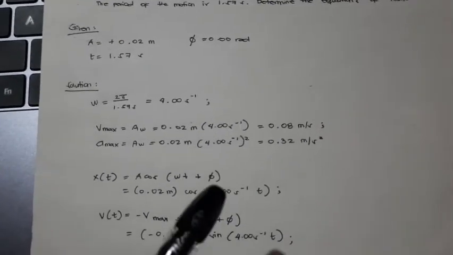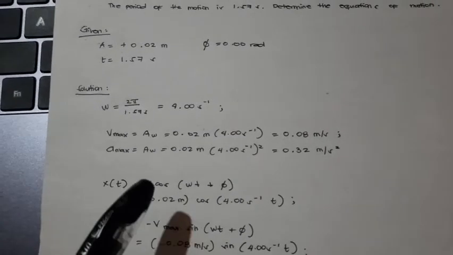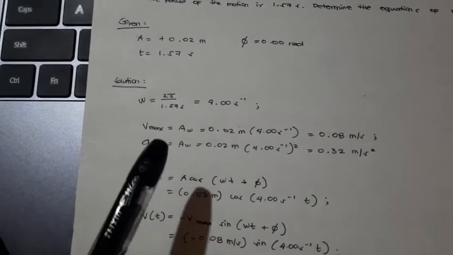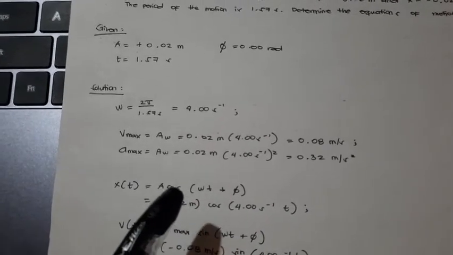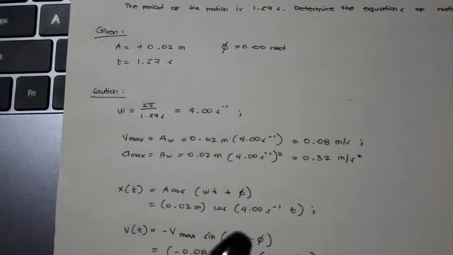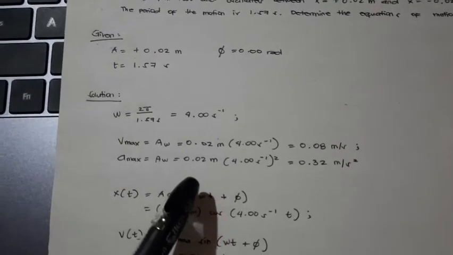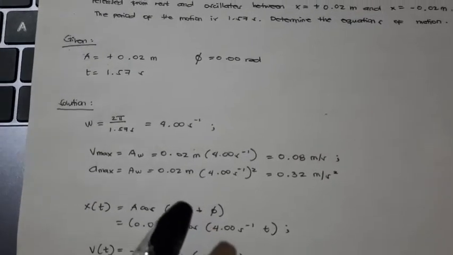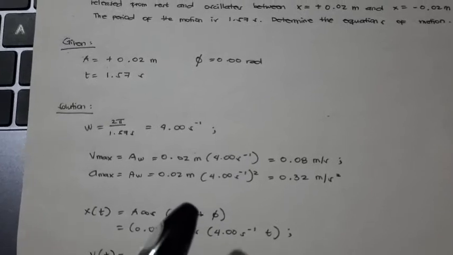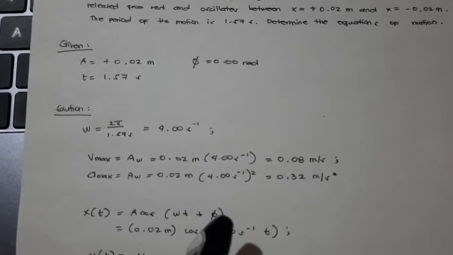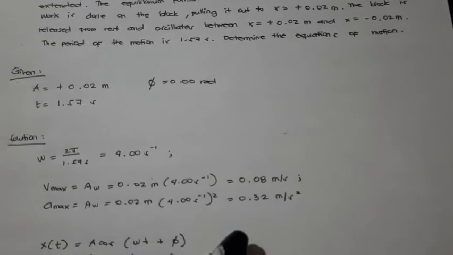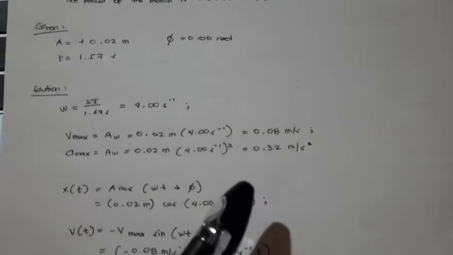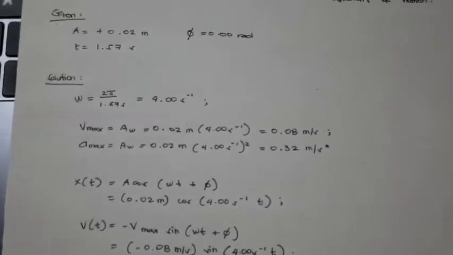Then we proceed to the maximum acceleration, which is the amplitude of the motion times the angular frequency squared. So 0.02 meter times 4.00 second to the negative 1 power, squared, in which our maximum acceleration is equal to 0.32 meter per second squared.